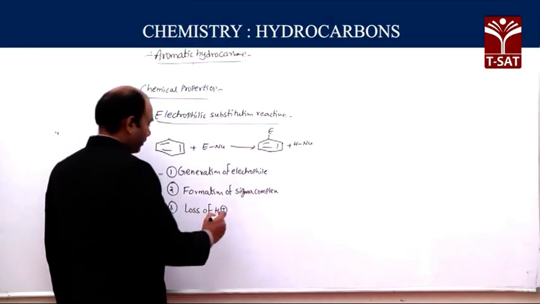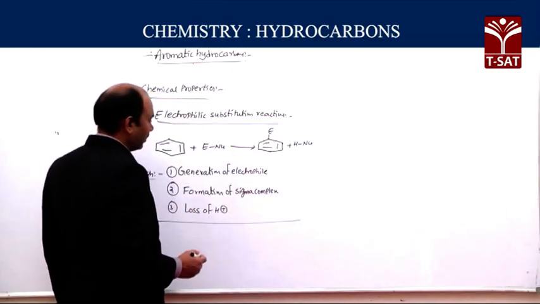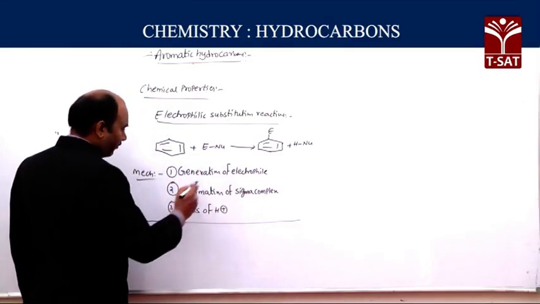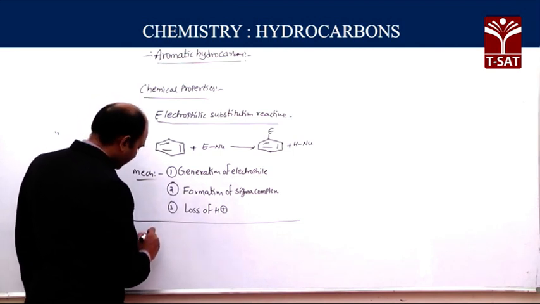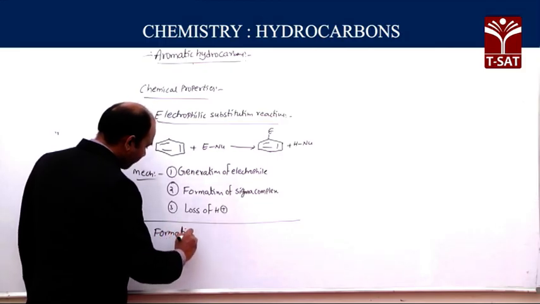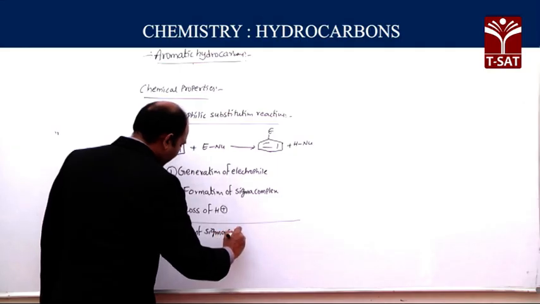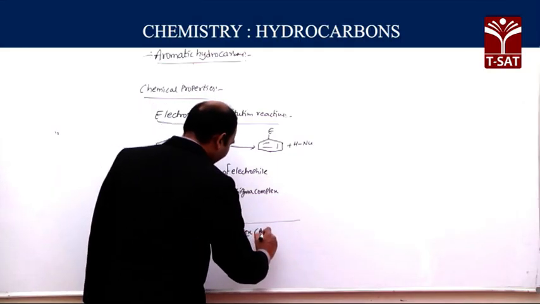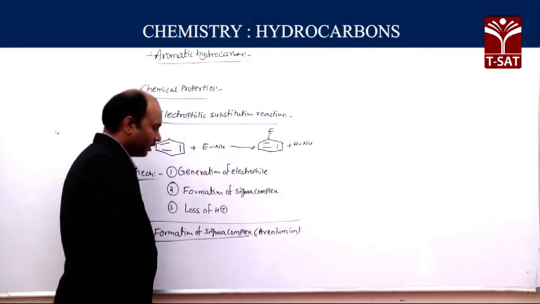First of all, generation of the electrophile; that is already generated, and we will discuss it in different reactions. Now, formation of the sigma complex, which is also called the arenium ion.